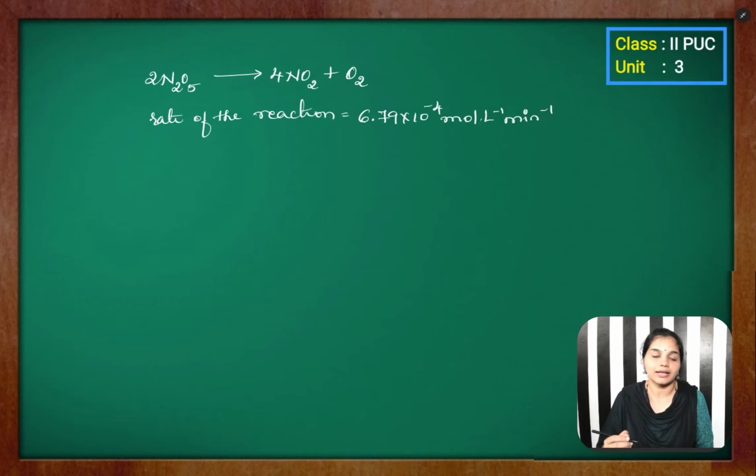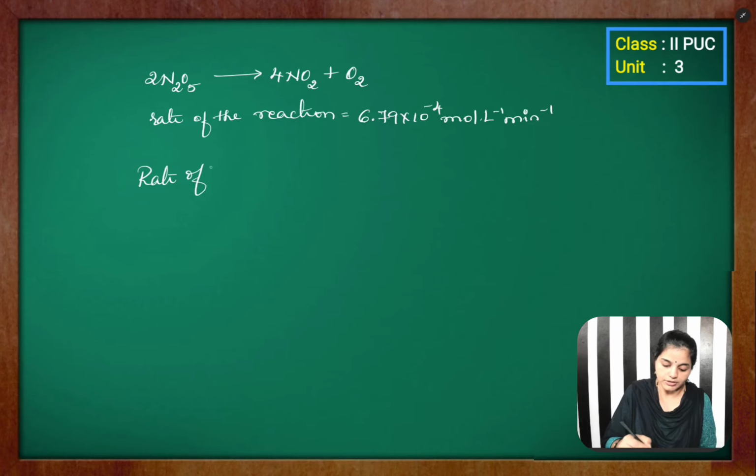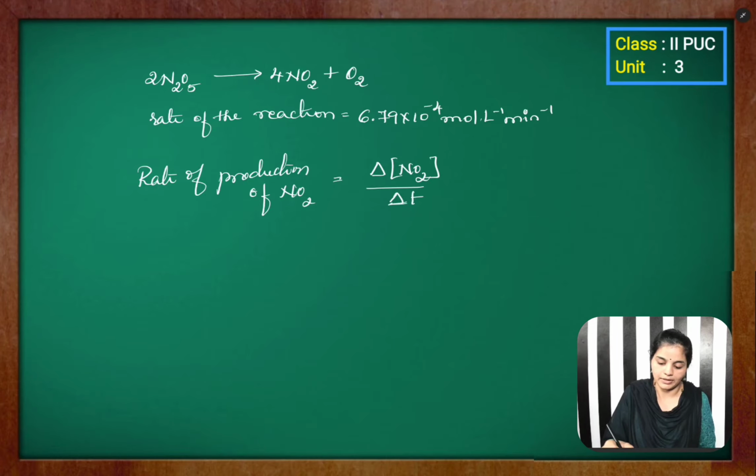Also in the question they have asked us to calculate the rate of production of nitrogen dioxide. So rate of production of nitrogen dioxide is equal to delta concentration of nitrogen dioxide divided by delta T. Means change in concentration of nitrogen dioxide with respect to the change in time gives us rate of production of nitrogen dioxide.